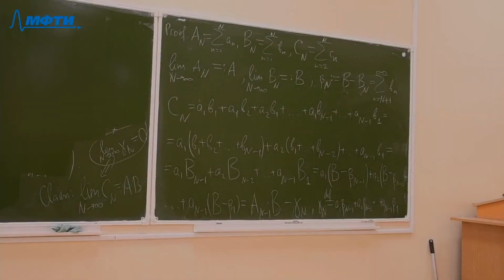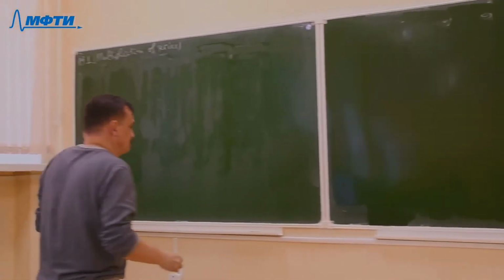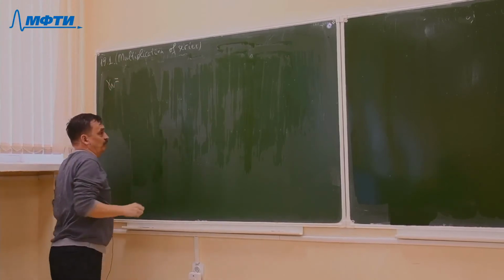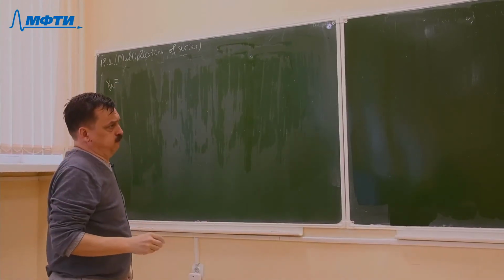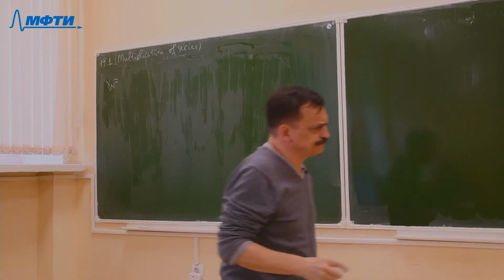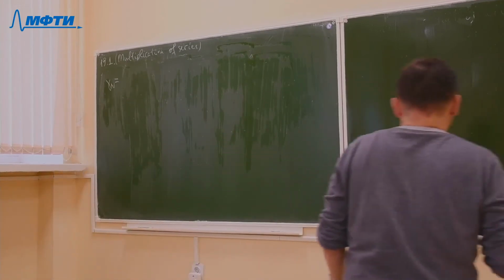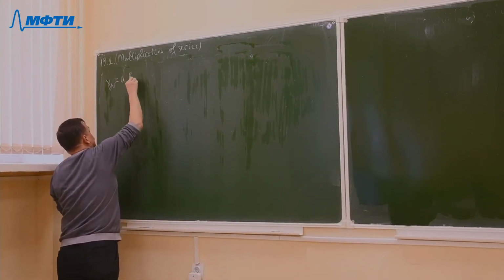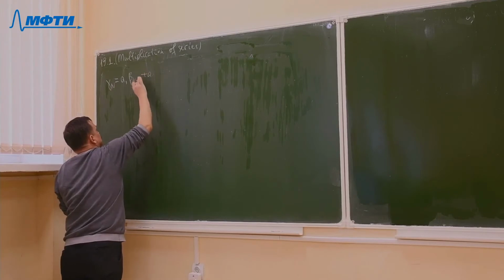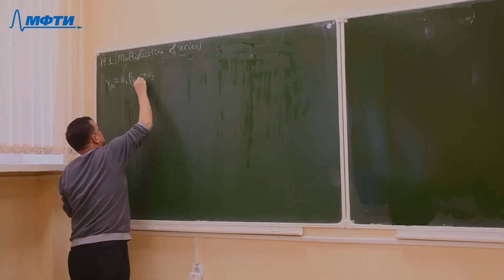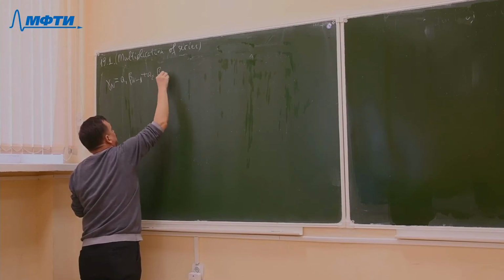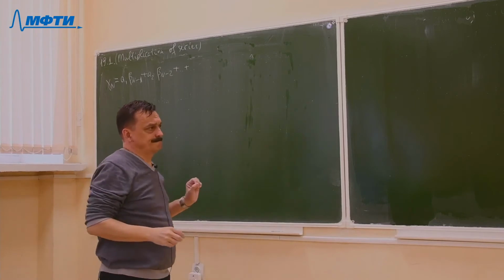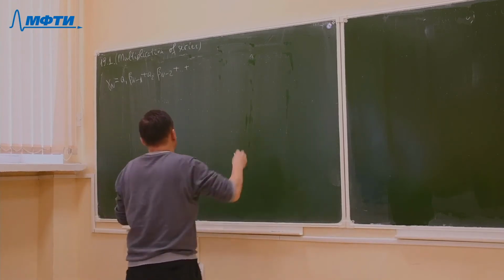So we continue. Let me write in more detail our gamma_N. That is A1 beta_(N minus 1), A2 beta_(N minus 2). Now let me emphasize what I plan to do.